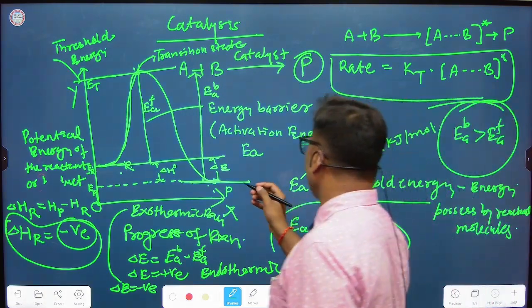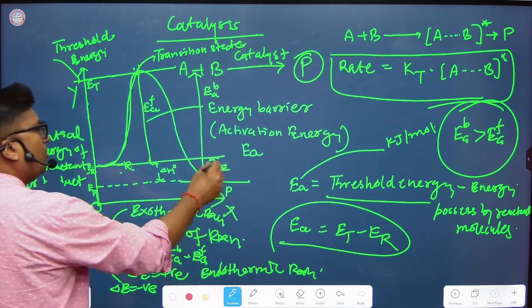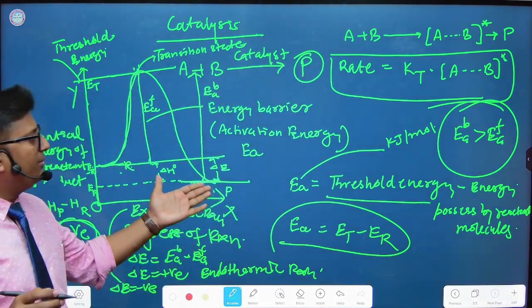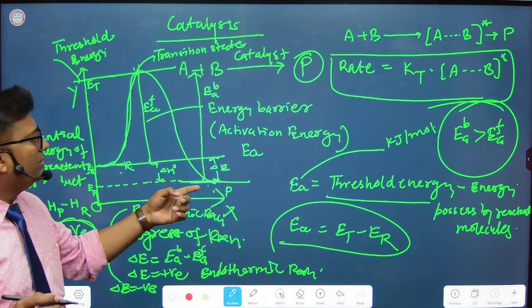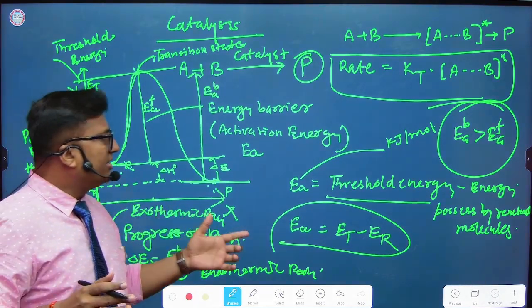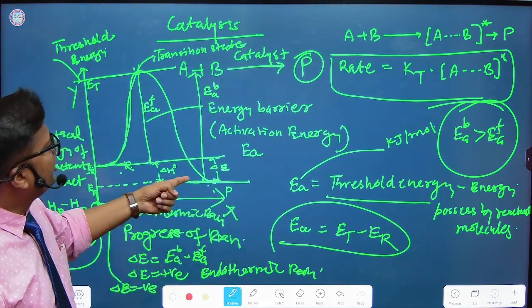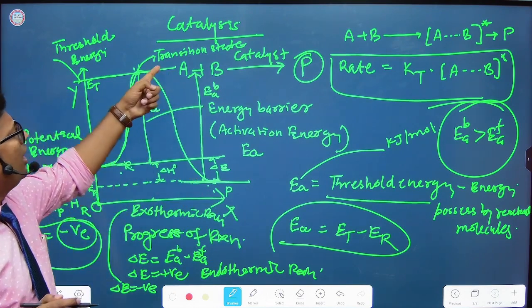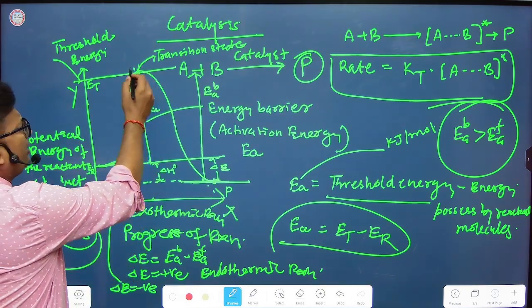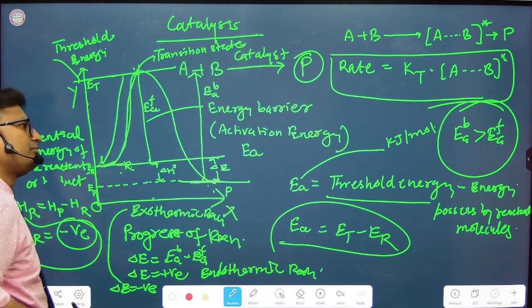So it means the product is more stabilized, or the concentration of the product is very high in the lower energy state. So it's not easy to reach this point and finally convert back to reactant species.